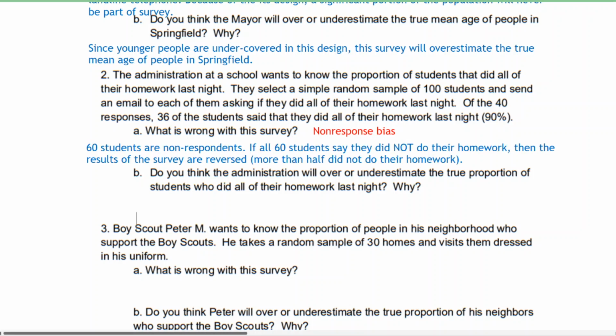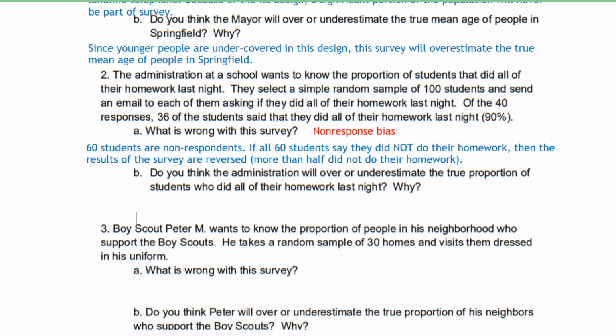Well, what if all 60 of those students who didn't respond all said they did not do their homework? Okay, doing a little bit of quick math: 60 non-respondents say they did not do their homework, and 4 of the respondents said they didn't do their homework.